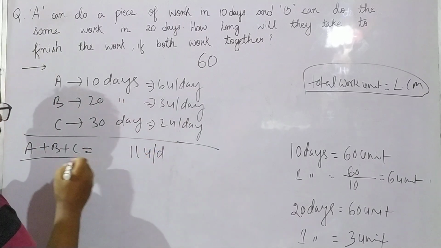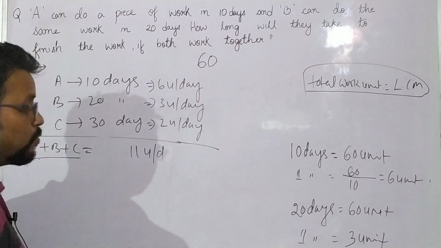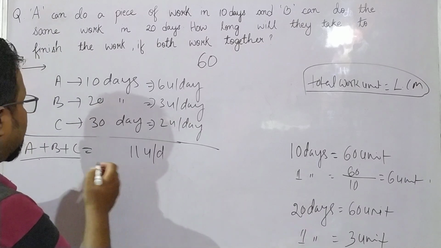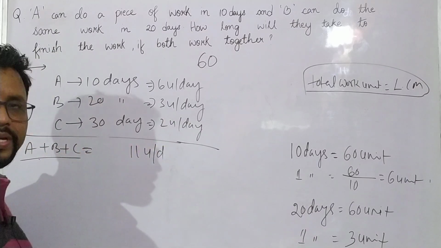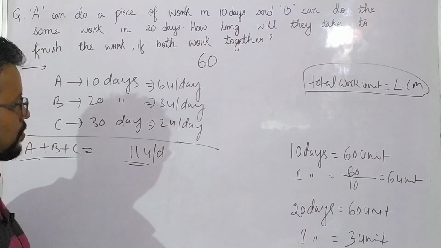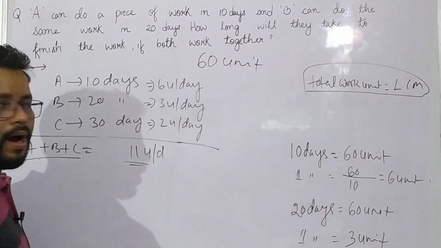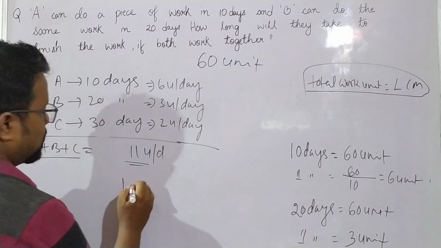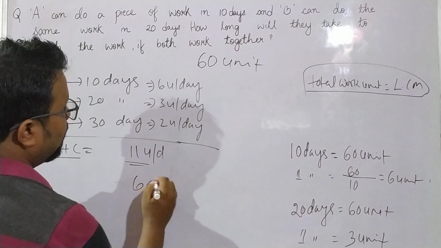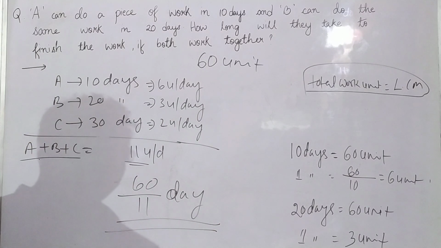In 1 day A, B and C are doing 11 units. Then to do 60 units, how much time will be taken? It will be 60 by 11 days. Okay, I think it's clear, everybody.